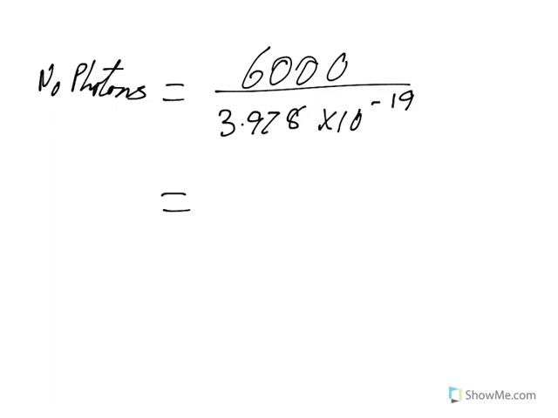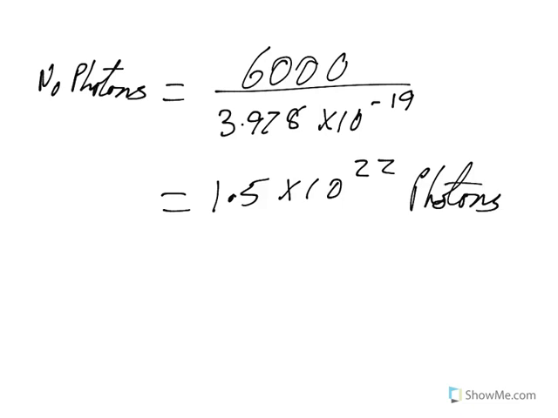When you do that, you get 1.5 by 10 to the 22 photons, which is a lot of photons emitted each minute.